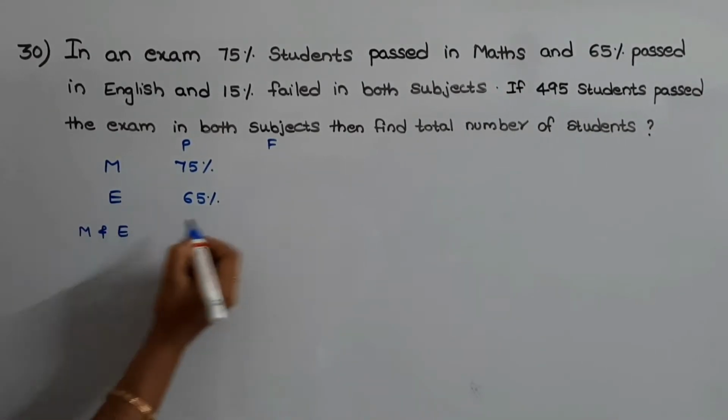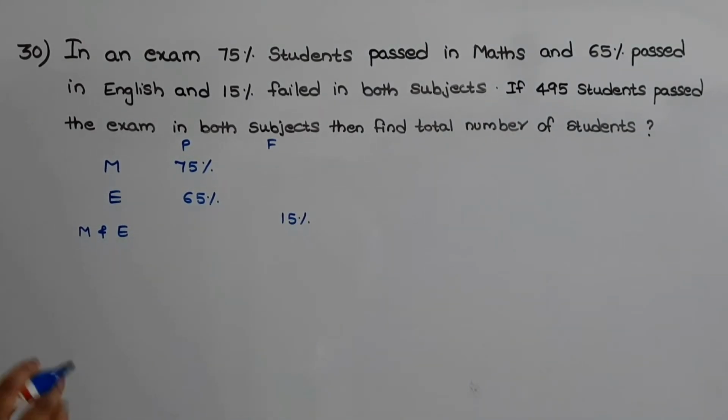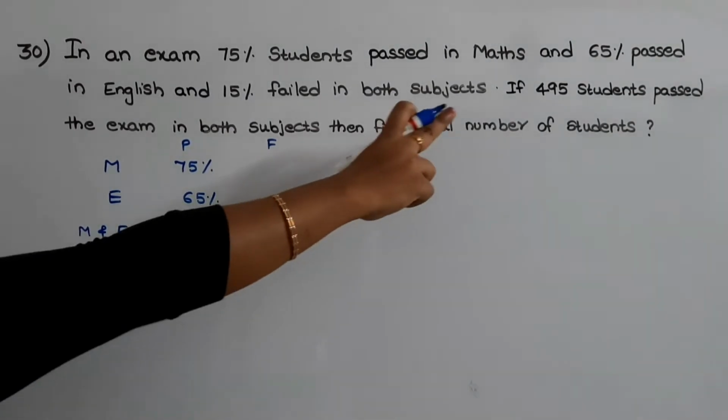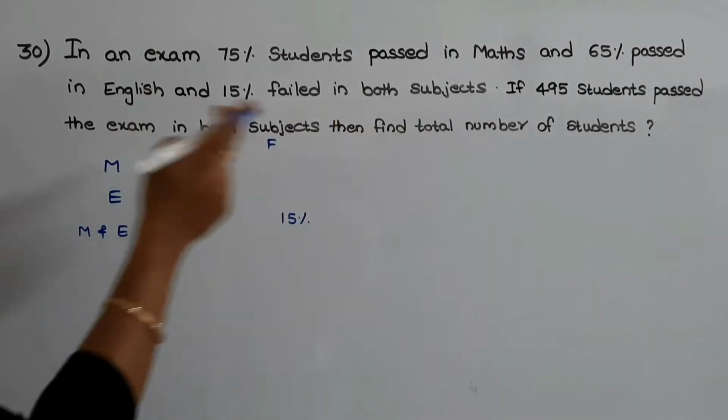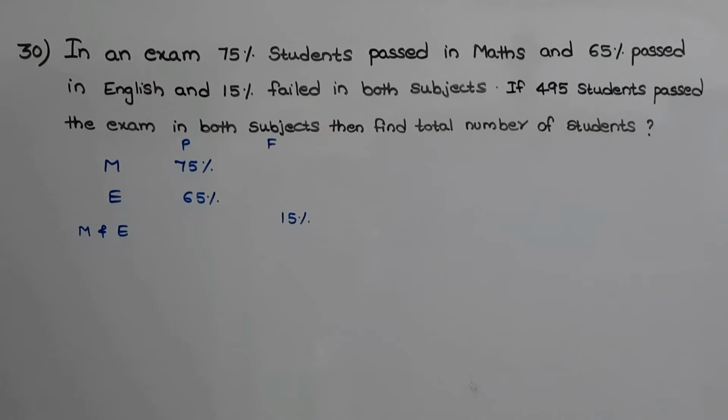They have also given the total number of students who passed in both the exams as 495. We need to find the total number of students who appeared the exam.